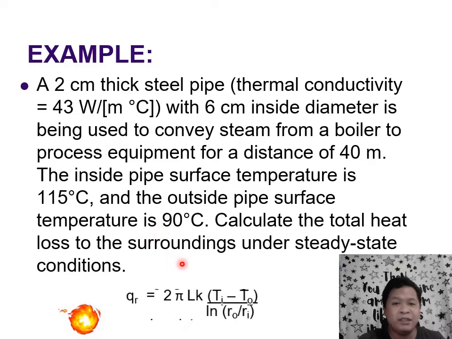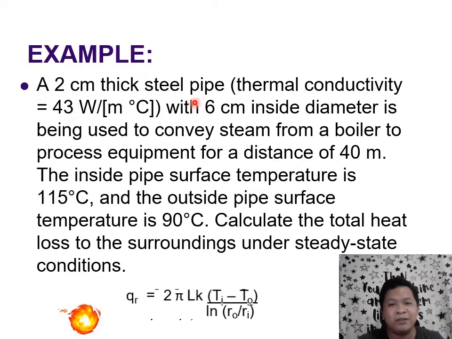So first thing we need to do is to make sure that we get our givens right. Note that 6 cm is diameter and not radius. And thickness, if you're gonna add this to the diameter, idodoble nyo siya, di ba? Kasi taas tsaka baba yun ng paikot.